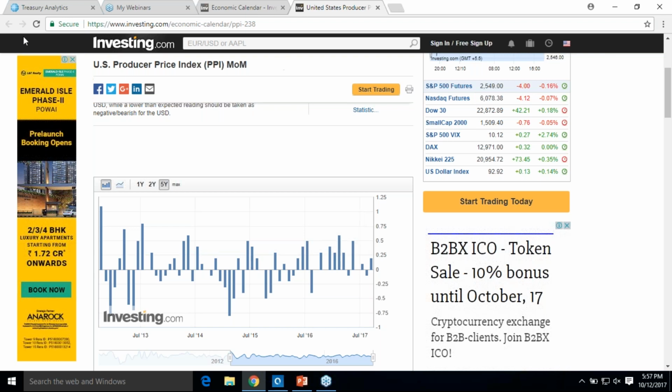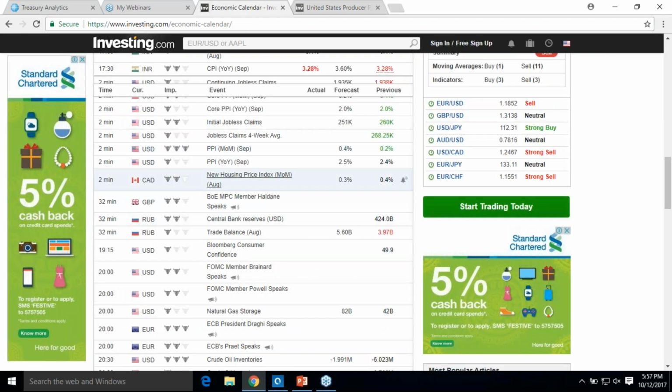The forecast is 0.4%, which means they're expecting a 0.4% increase in the price of the goods compared to the previous month. The data is going to be released in about 2 minutes.